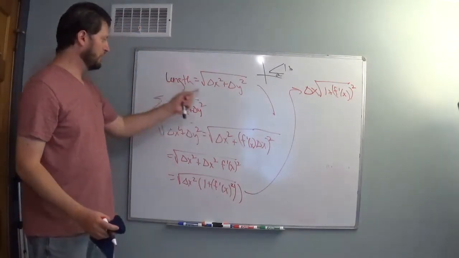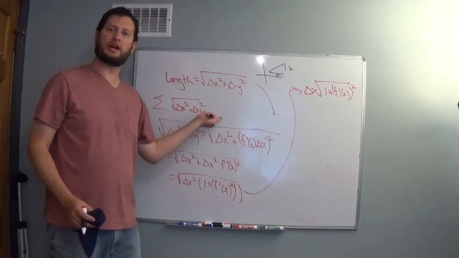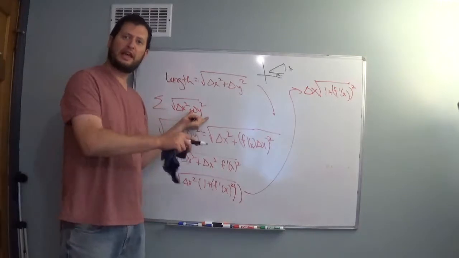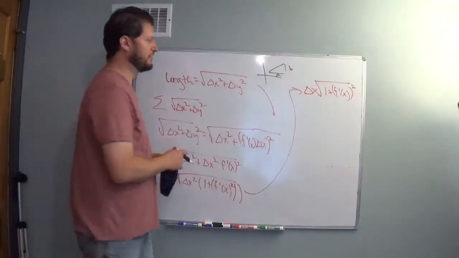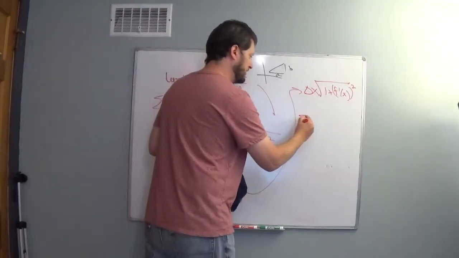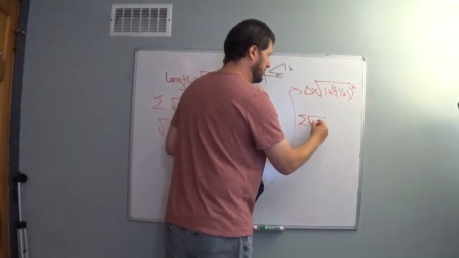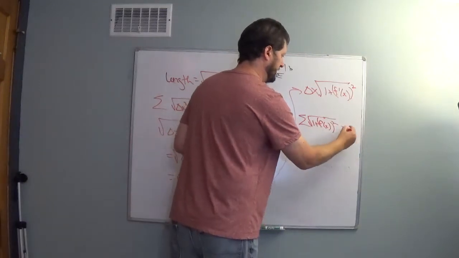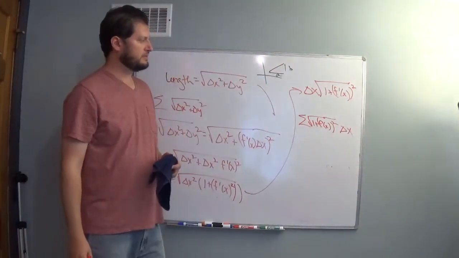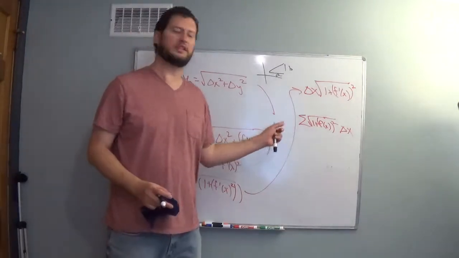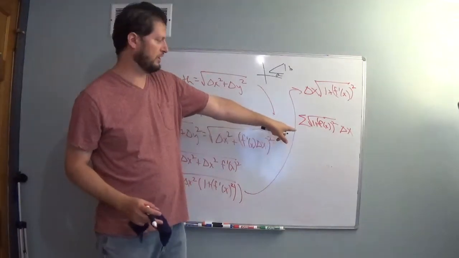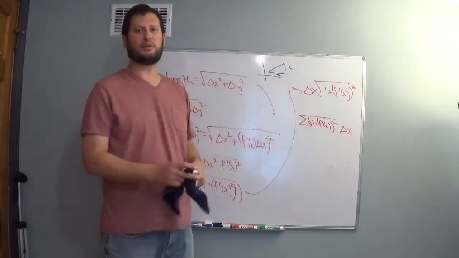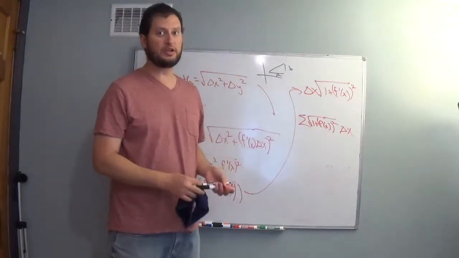So if we go back and look at our sum of a whole bunch of different approximating lengths, that's how you should think about it. This is the sum of a whole bunch of different lengths of these tangent line approximations. And so that will become the sum of square root of 1 plus f prime at x squared times delta x. I'm skipping over some of the details with the index. This really is going to be from i equals 0 to n minus 1, where n is the number of subintervals, if you're really worried about those details.